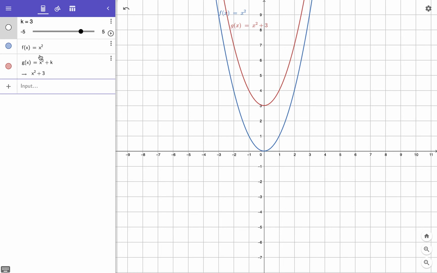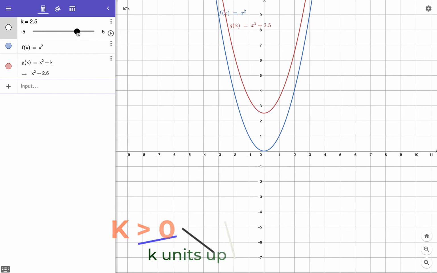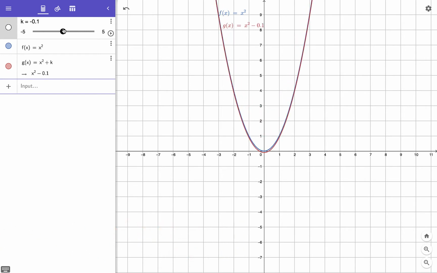So for k positive, the graph of this function is a translation of the parent function f of x equals x squared, k units up. Now let's see when k is negative. When k is negative, like negative 1, the new function is x squared minus 1, which shows here as g of x equals x squared minus 1.